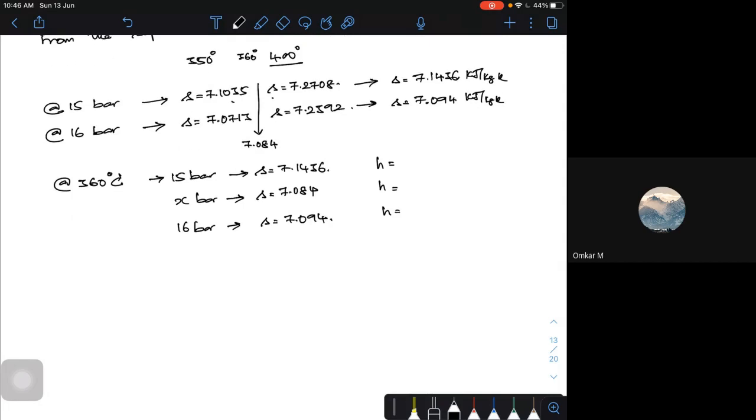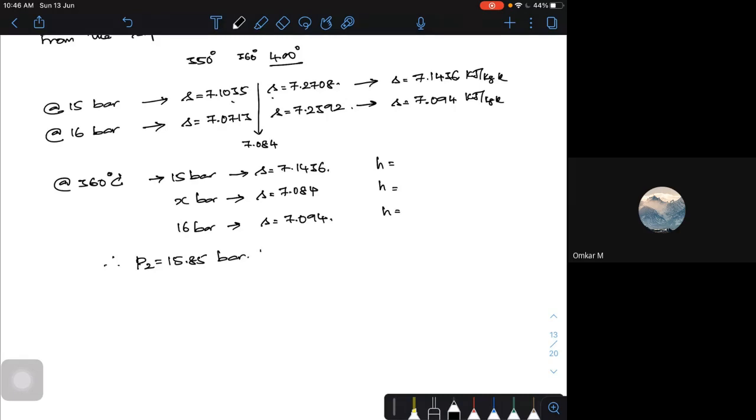Roughly, I am getting P2 equal to around 15.85 bar. It is not 16, but nearer to 16.